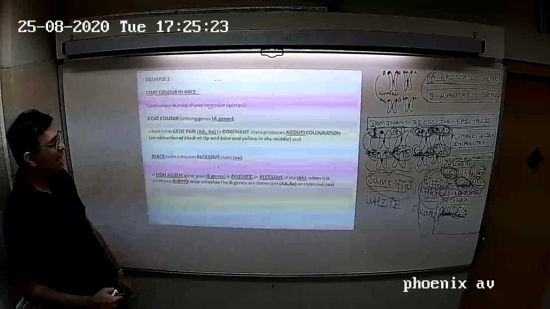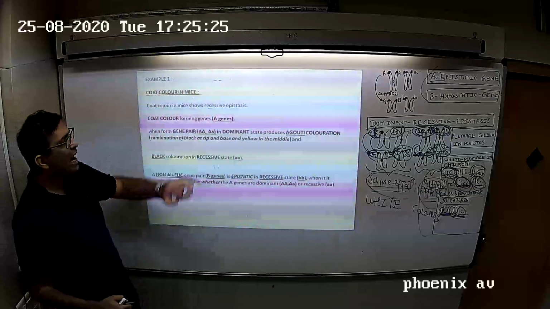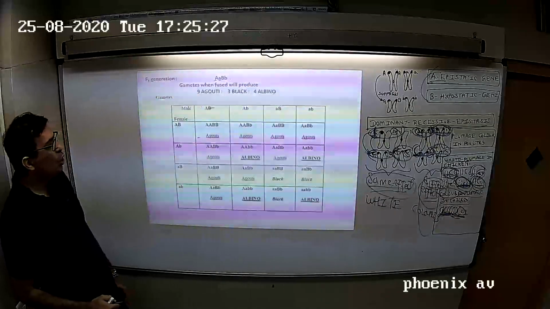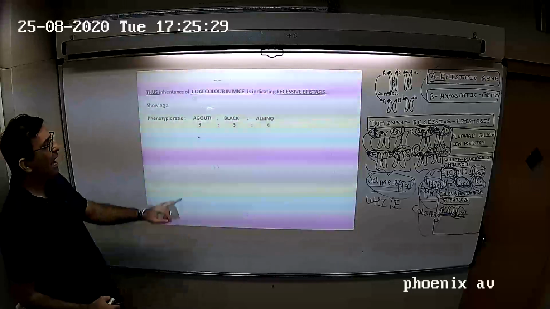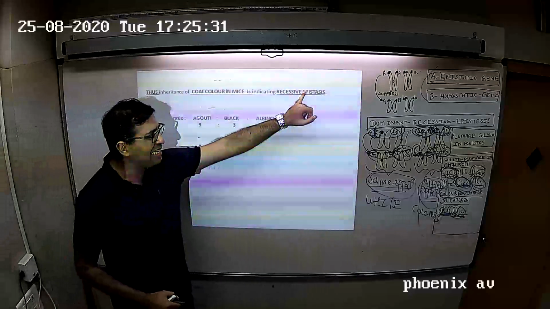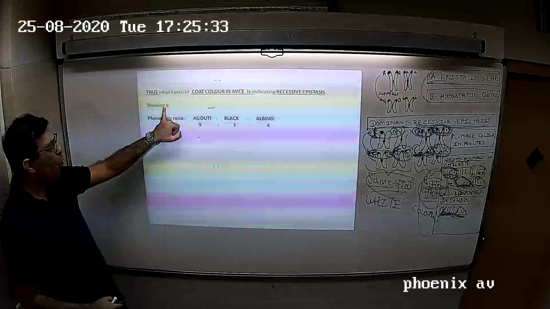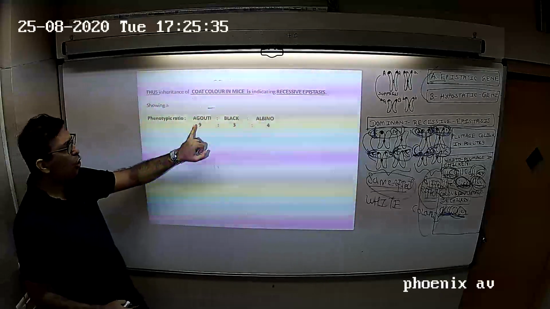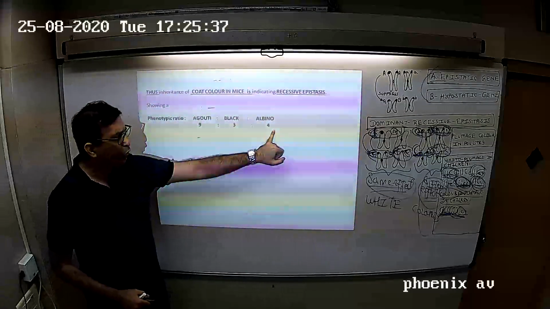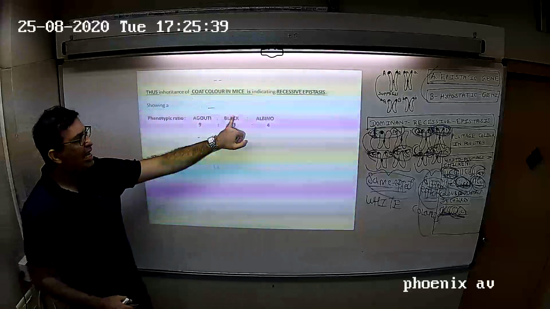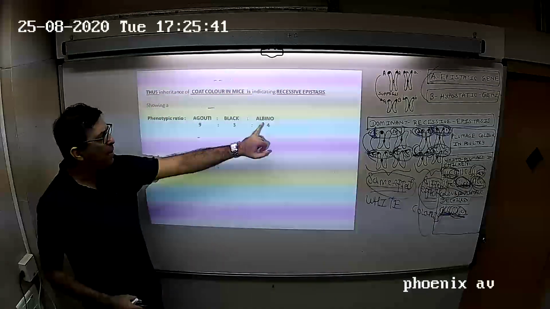Recessive epistasis is found in coat coloring of mice, showing a phenotypic ratio of 9:3:4: 9 agouti, 3 black, 4 albino.